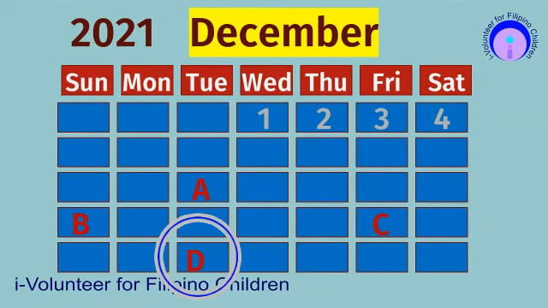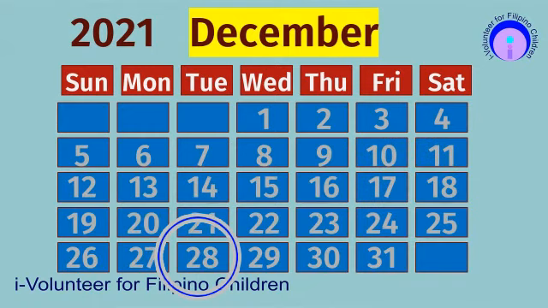Finding letter D, we have to add 4 days to letter C. Therefore, 24 plus 4 is equal to December 28. 4 days na lang. Happy New Year!